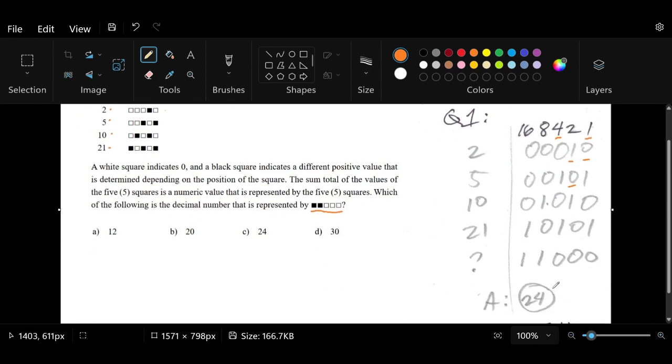Here I put the series of squares which have either black or white, and for those that have the black square, we put the value 1.